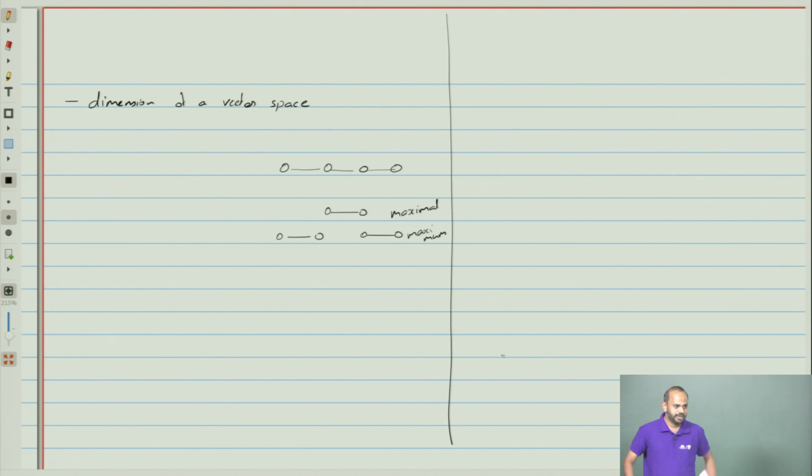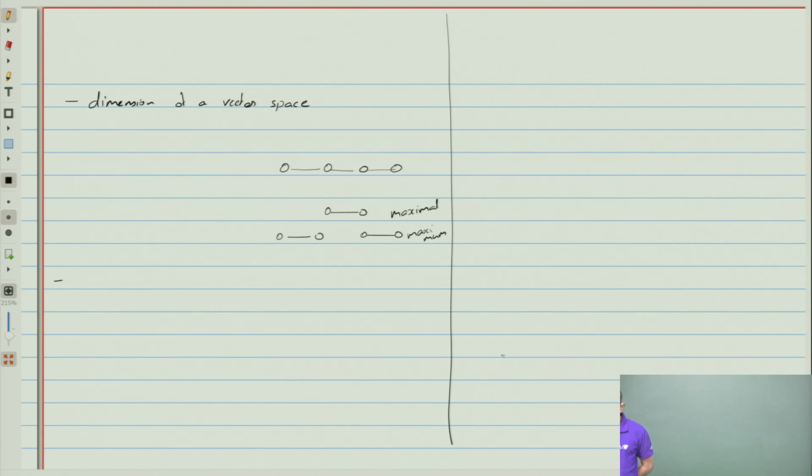Suppose n and m are different, then you should get a contradiction. The proof follows from maximum equal to maximal. Both of them have to be maximal, so both of them have to be maximum also, and so both have the same size. It's good to clearly think and convince yourself of the proof.